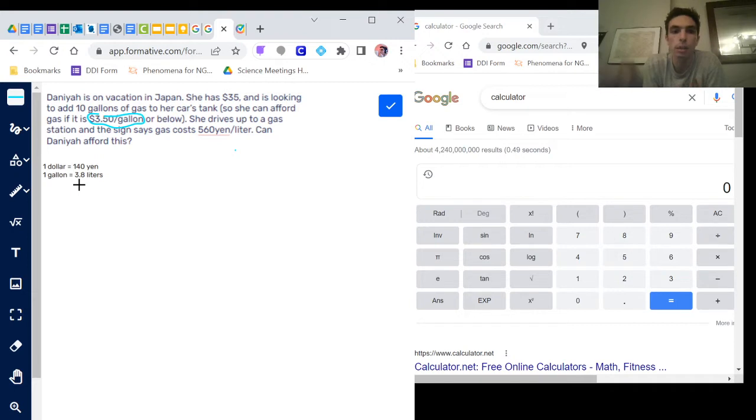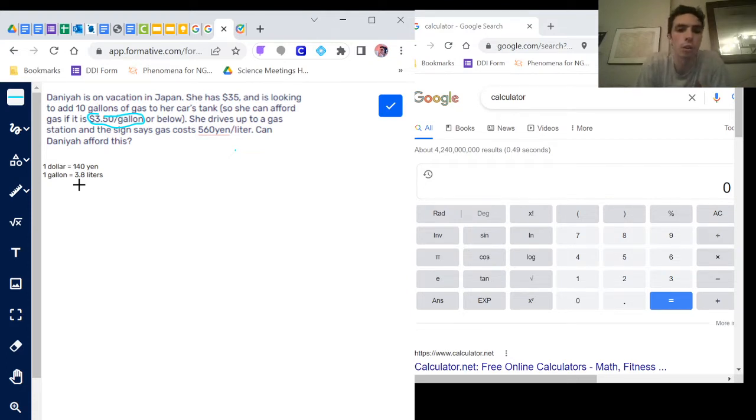We can't compare two measurements or two quantities unless they're in the same unit, right? Off the top of most of our heads, certainly my own head, I'm not able to tell whether 560 yen per liter is more or less than $3.50 per gallon. So we need to get those into the same unit, because if they're in the same unit, it's very easy to tell which is bigger, whatever the bigger number is.